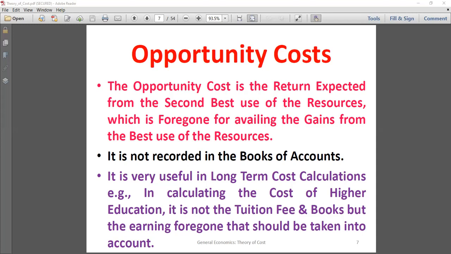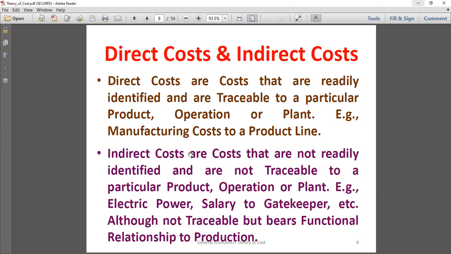So in short, whenever we're dealing with opportunity cost, we're actually looking at the value of what you're losing when choosing between two available options. So the concept of opportunity cost is really important. We are going to look at calculations to do with that later on.